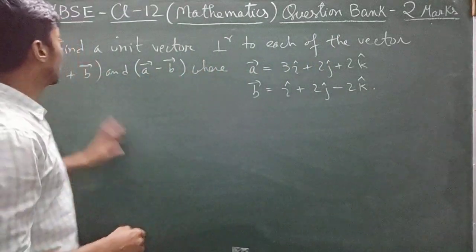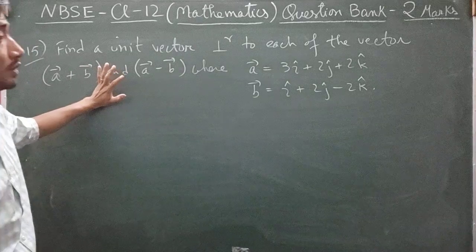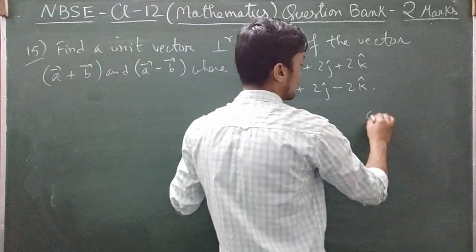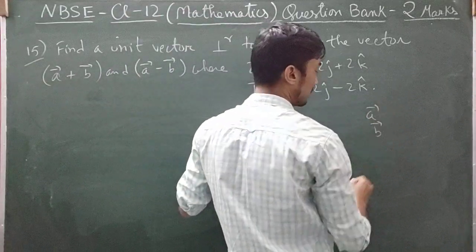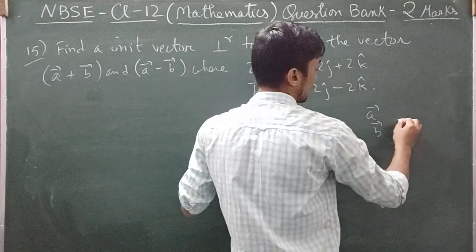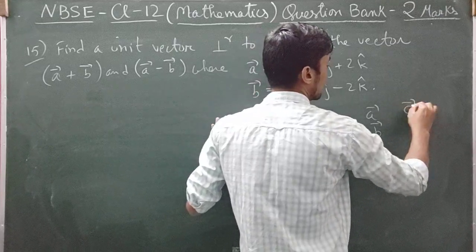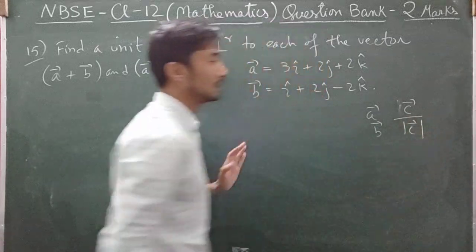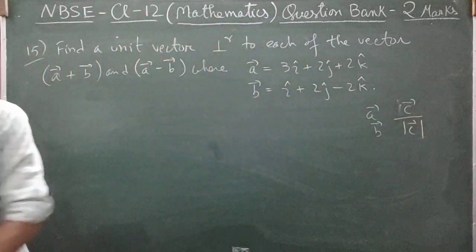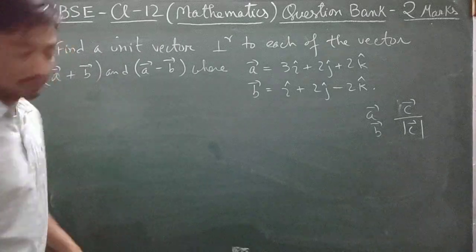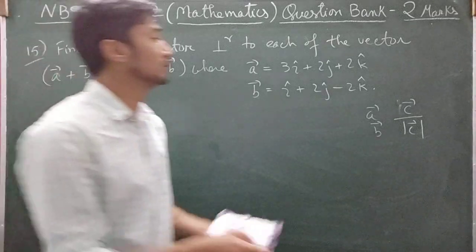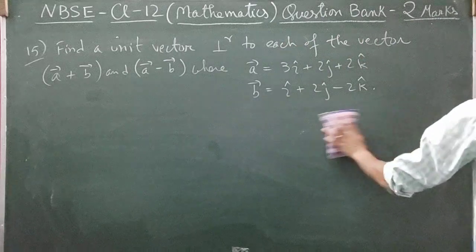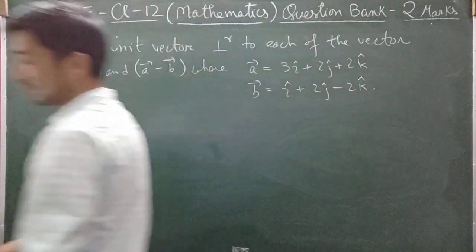As we know, a unit vector perpendicular to each of the vectors a, b, as per theorem, is given by vector c divided by its magnitude, vector c, and vector c is nothing but a cross b.